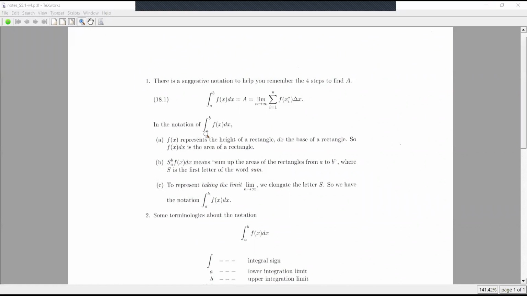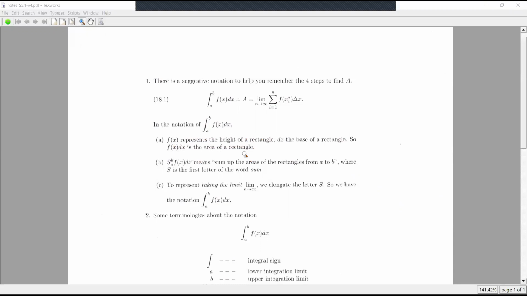In this notation, function f represents the height of a rectangle. dx represents the base of a rectangle. So f of x times dx is the area of a rectangle.